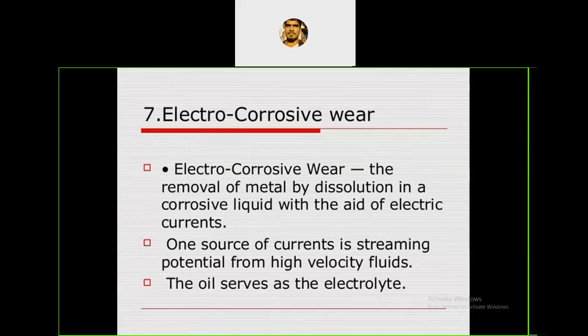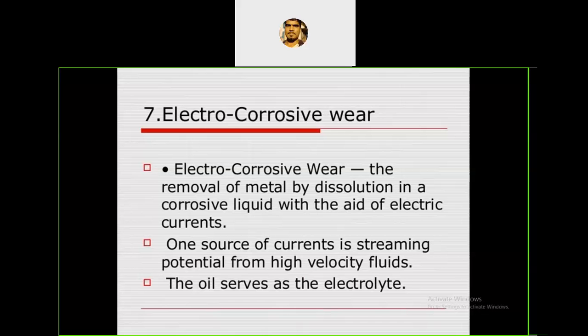And in electrocorrosive wear, there is removal of metal by dissolution in the corrosive liquid, meaning the metal is dissolved in the liquid and it loses its positive and negative ions. When it is along with some solutions, it will start dissolving its ions or atoms.